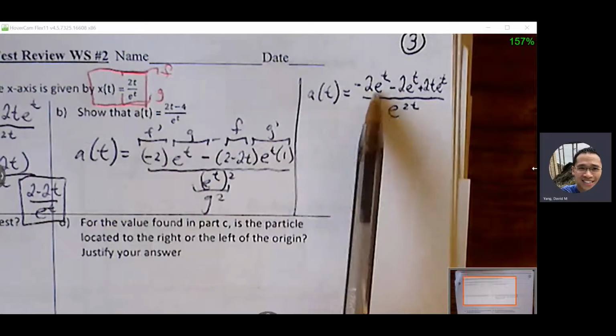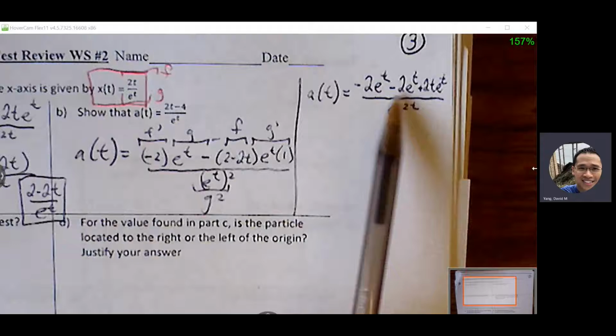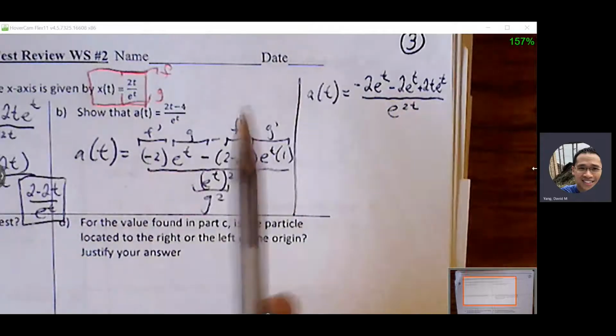Combine like terms. These two can combine. -2 minus 2 is -4, -4 e to the t.